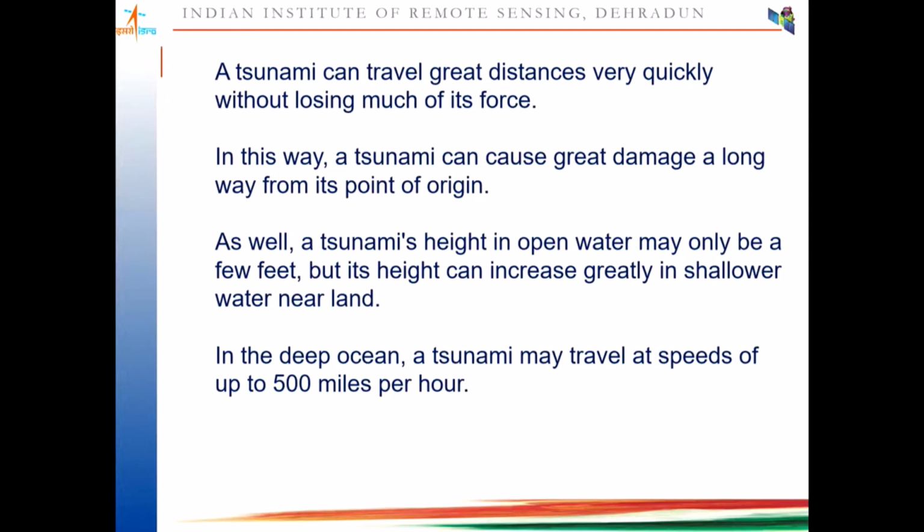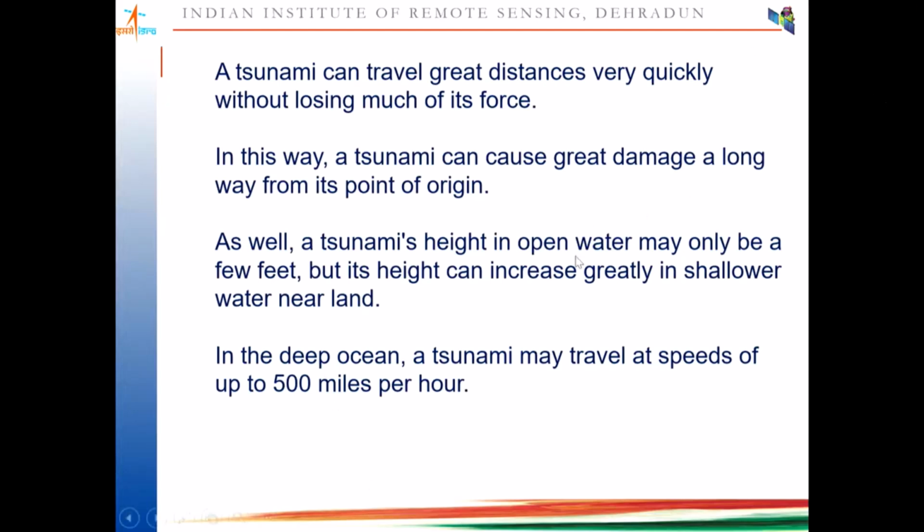So this is wave set down and wave set up. So wave set down exposes the beach, and wave set up, a huge wave will get formed and come as a tsunami.